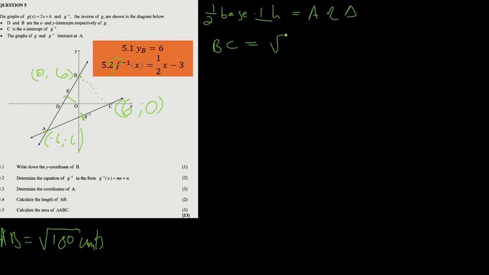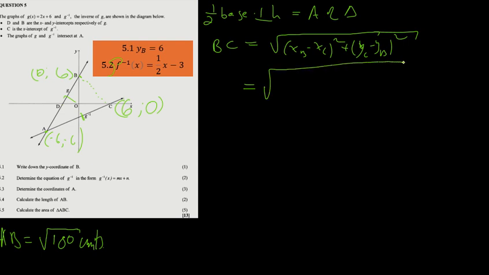BC is going to be equal to the square root of xb minus xc squared plus yc minus yb squared. Forgive me about that kind of writing.